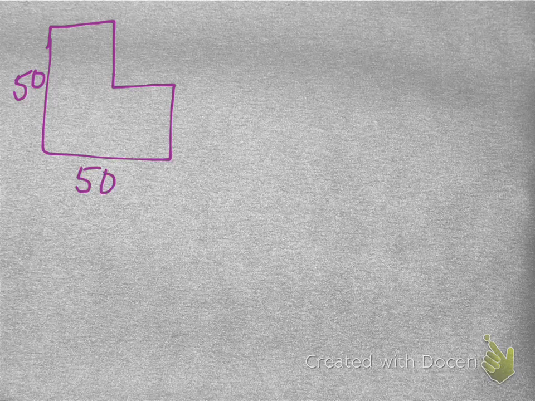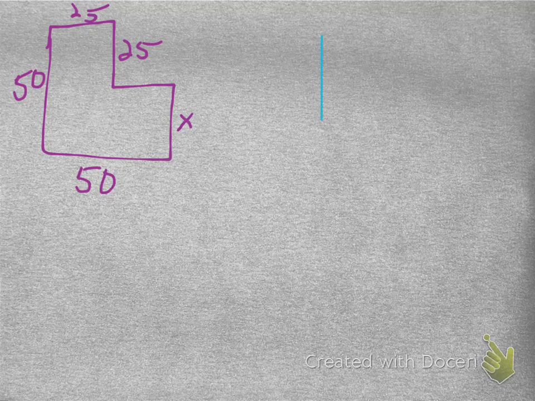Now, if we take a look at the shape they give us, we've got a 50, 50, 25, 25, and then they put an X. First thing I want to do is treat this like a prism.